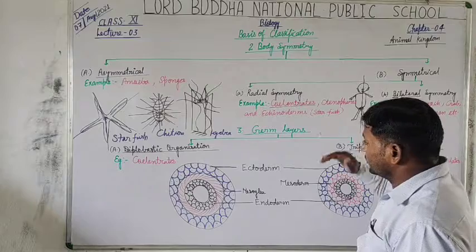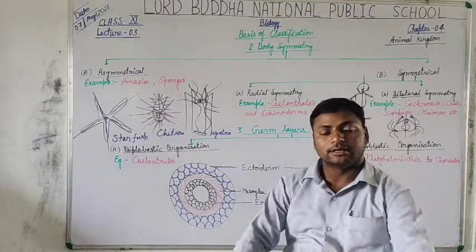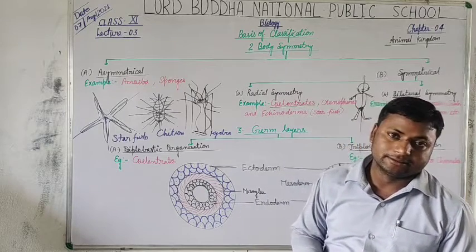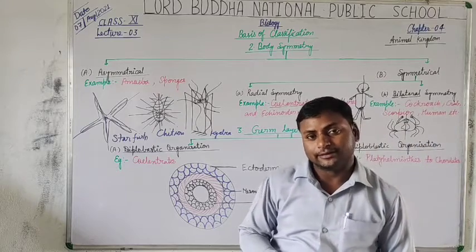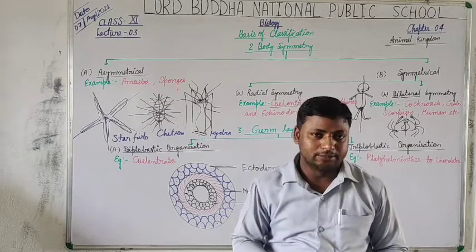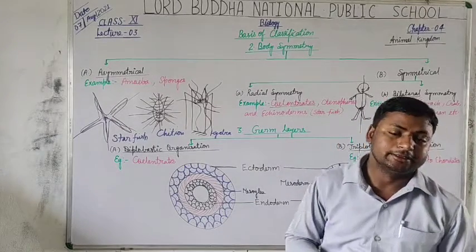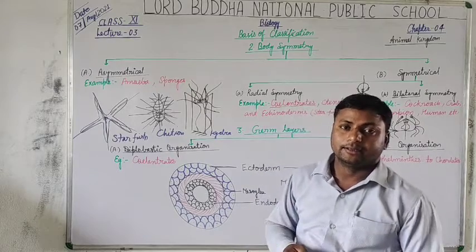Now students, we are going to discuss the germ layers. What are germ layers? Germ layers are just the embryonic layers through which the origination of the various organs and organ systems takes place in organisms from lower to higher categories.